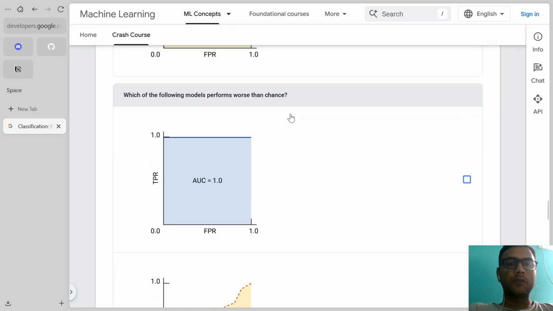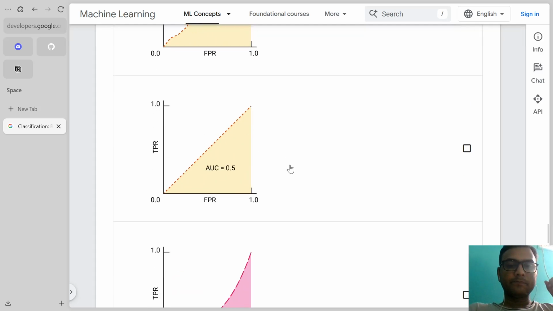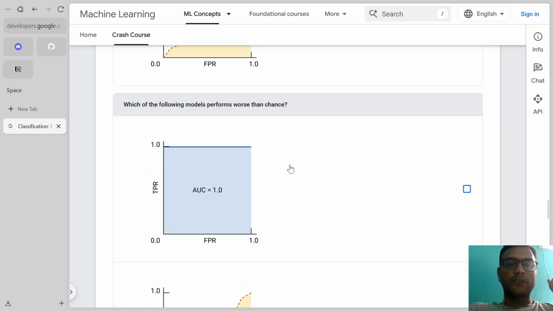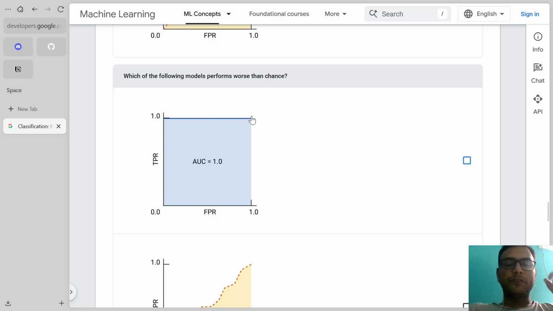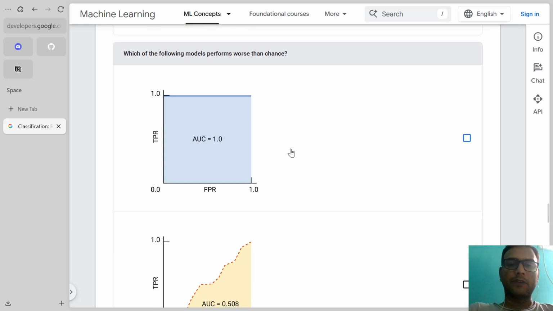Now the next question: which of the following models perform worse than chance? Again this is AUC and ROC, but which is the worst model compared to chance? Chance means any random sample.